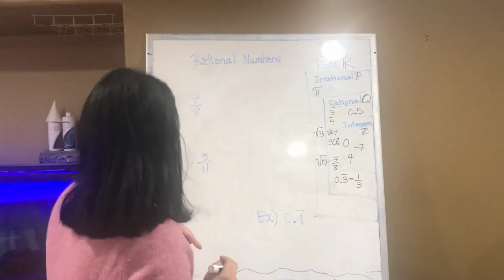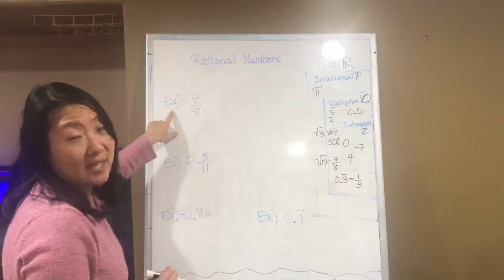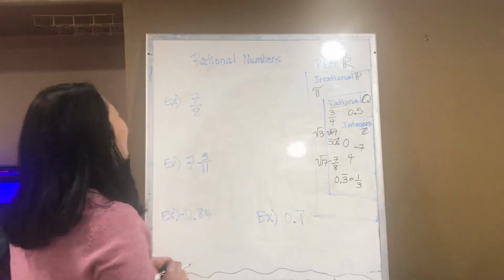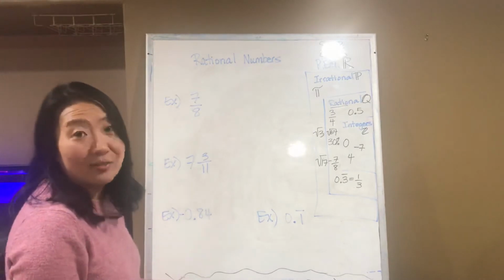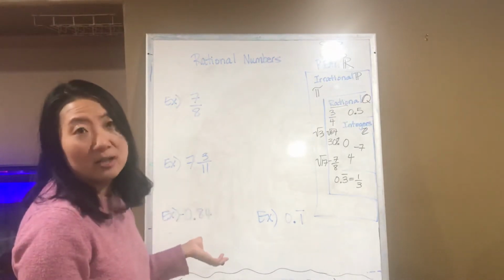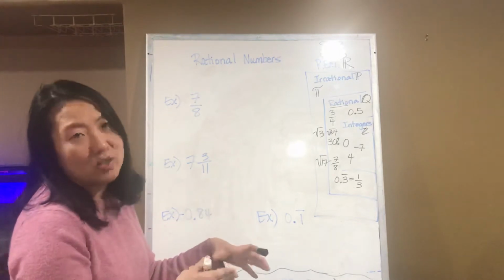So now we'll go on to our examples. For the first example, we need to convert 7/8 into a decimal, not using a calculator. So don't forget that a fraction is just a division problem, right? Think of the most simple fraction that you know, like 1/2. That's just taking one thing and dividing it into two parts.